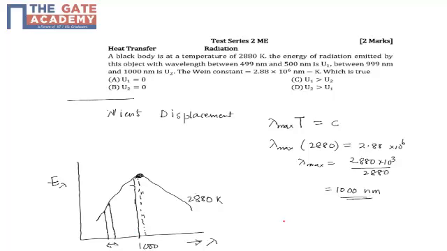Remember, another important concept is that this is just the density, the spectral density or power per unit wavelength, but the area of this curve gives the energy, the emissive power.